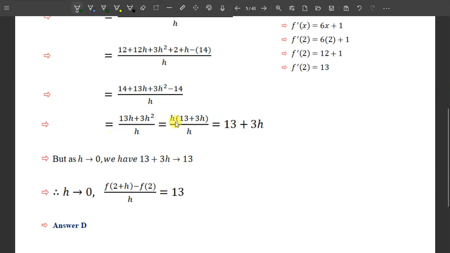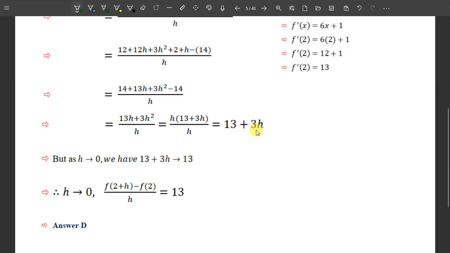Then we can factor out h from this expression, using the distributive property of multiplication over addition. It becomes h into 13 plus 3h. Now we can cancel h by h, and the result is 13 plus 3h.